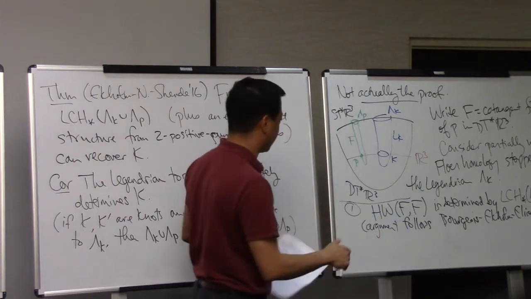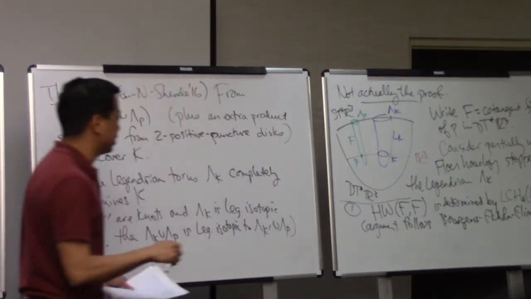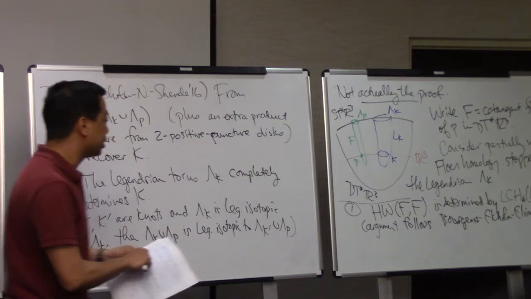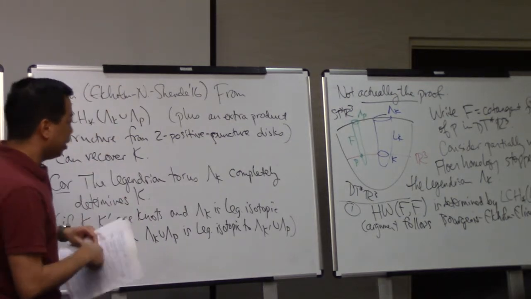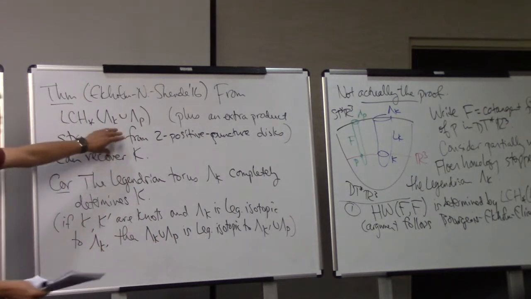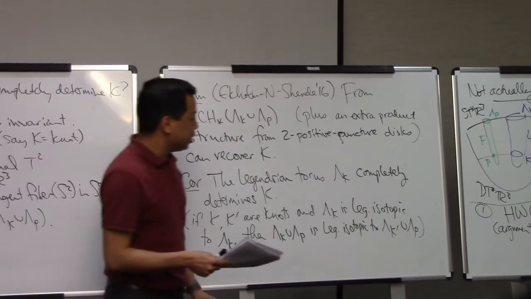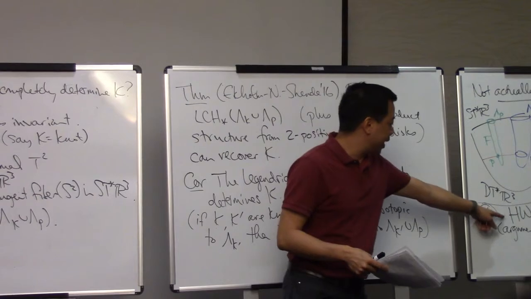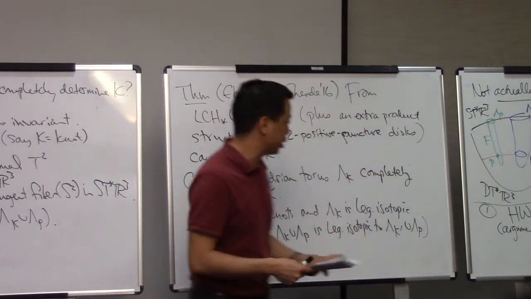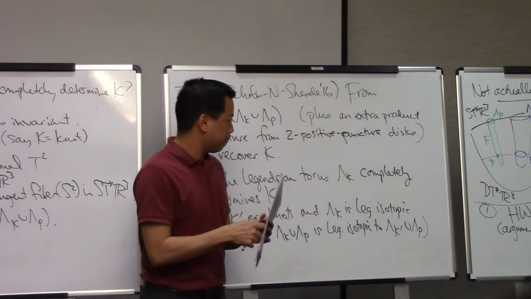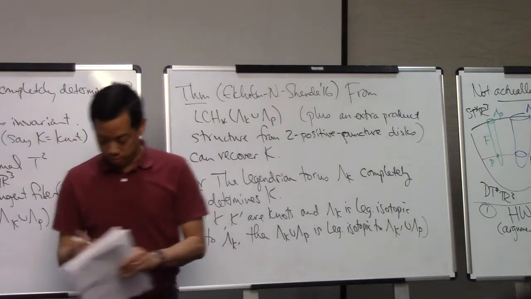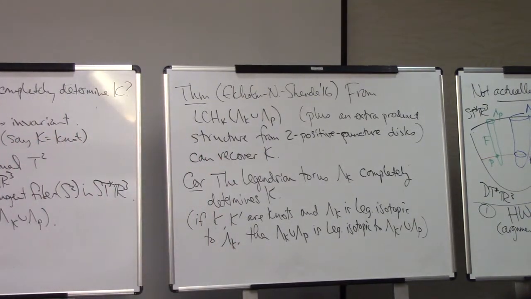I will say a word in a second about what we actually did do, but this is morally speaking what was going on. Oh, and I should say that this additional product structure from the twice positive punctured disks corresponds to the pair of pants product on this partially wrapped thing. Okay, so that's claim number 1.